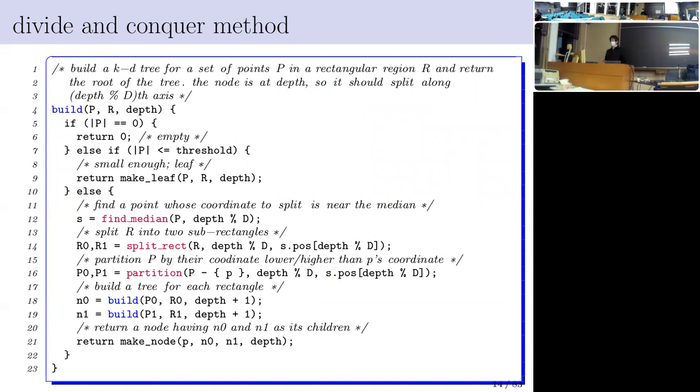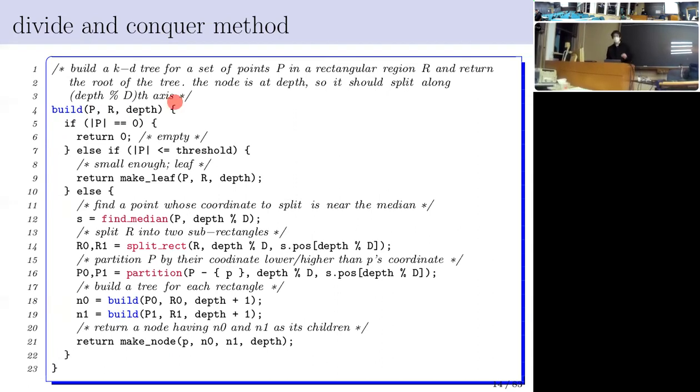Right? So it's as simple as this. In terms of the program, it looks as simple as this. So this is the KD tree construction algorithm. Let's name it build. Build is given the set of points P and the bounding box R. And just to determine along which direction, either horizontally or vertically, we split the rectangle, the bounding box, it is given another integer parameter, the depth.